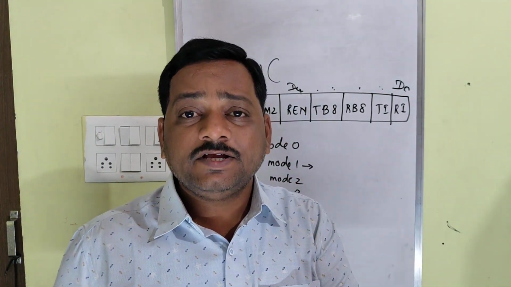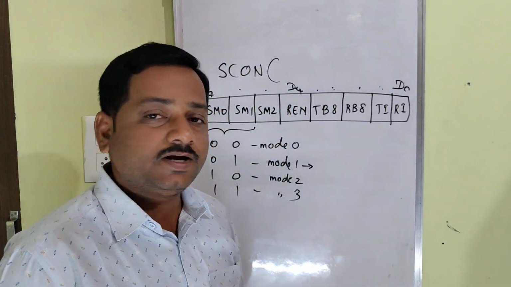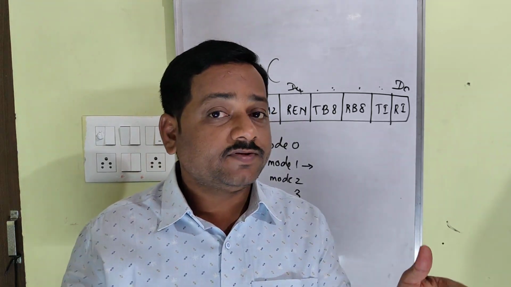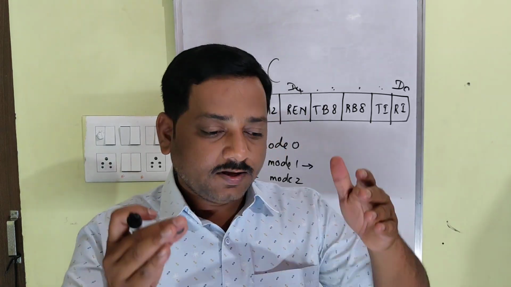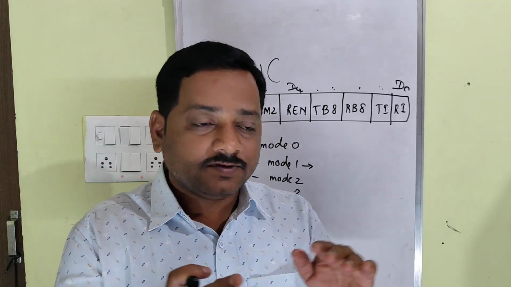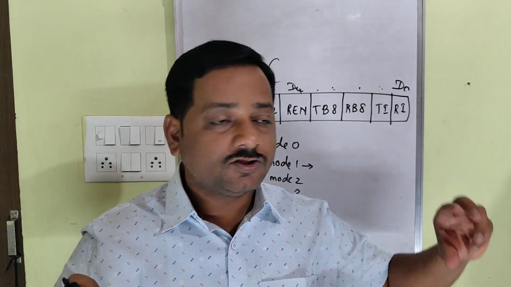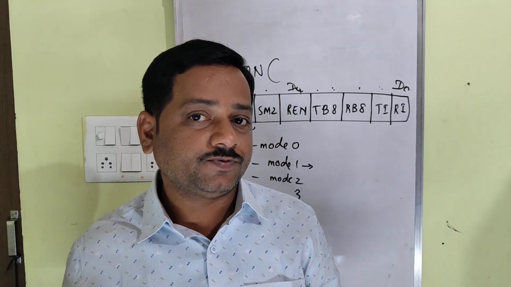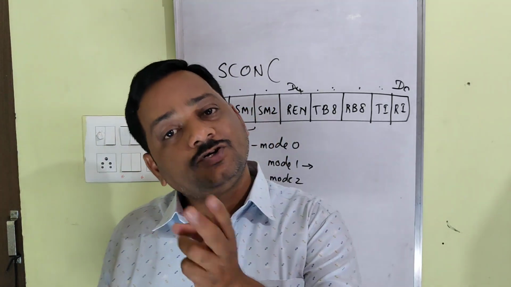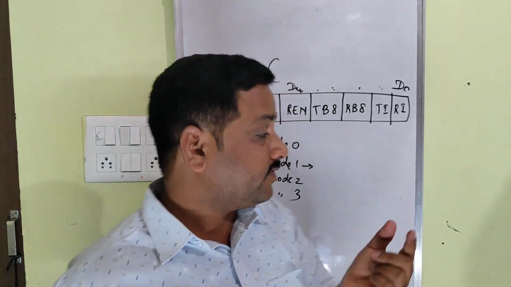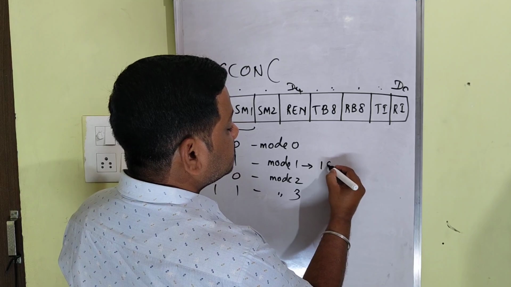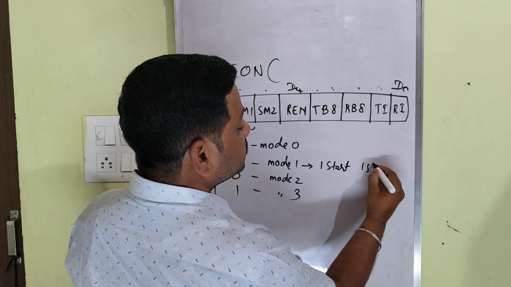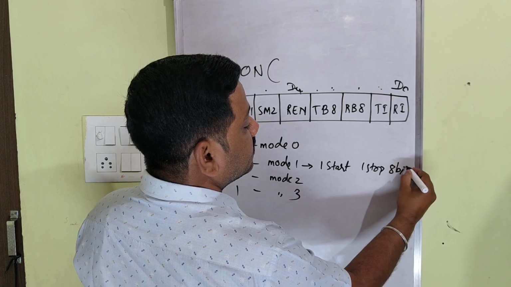So if it is mode 1, what does it mean? In the previous video I told you there is data framing. Data framing is nothing but the 8-bit data being covered with a start bit and a stop bit. You have to define how many start bits and how many stop bits you want. There is a possibility of having 2 stop bits and also 1 stop bit. When you put 01 in these 2 bits, it will select 1 start bit and 1 stop bit with the 8-bit data.